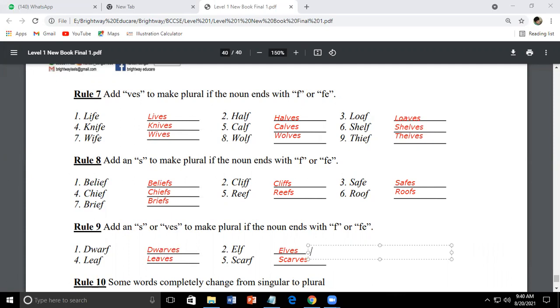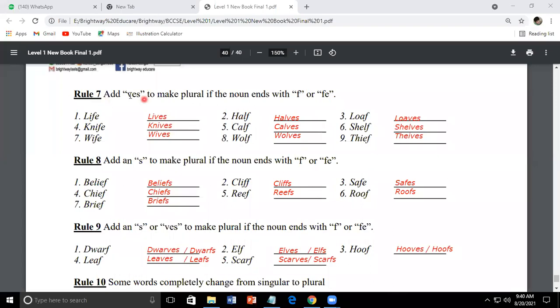Okay, so these both are correct here if you wish to add VES or if you wish to add S. That's how it goes. That's how you make them plural. And here, dwarfs and leaves. So friends, here you have to pay attention that your word ends with F or FE.